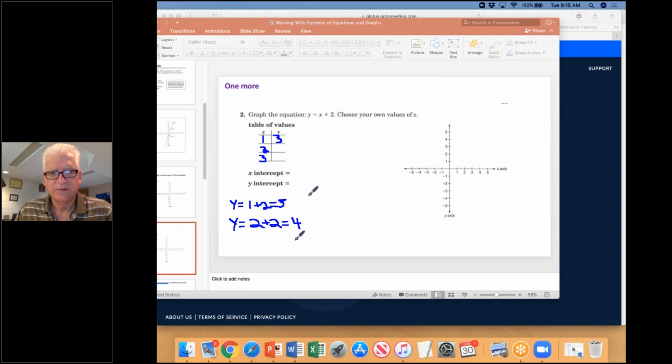Correct. So I'll just put that back into this table up here. And I'll plug one more point. If you have a linear equation like this, if you choose 3 points, you can make it into a graph. I'll plug in 3 for the x.